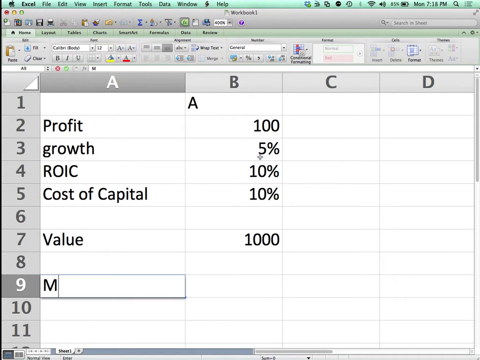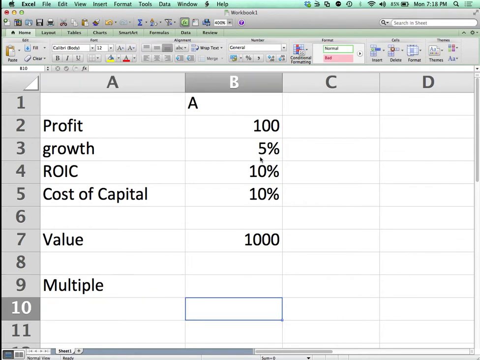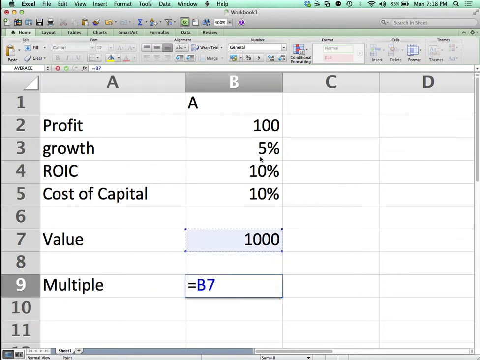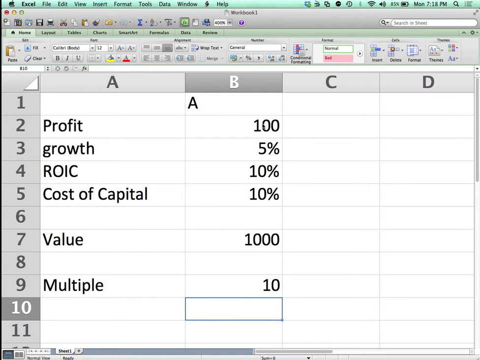And for the multiple, this company would trade at a value to profit ratio of 10. That was the simple concept we had previously introduced.